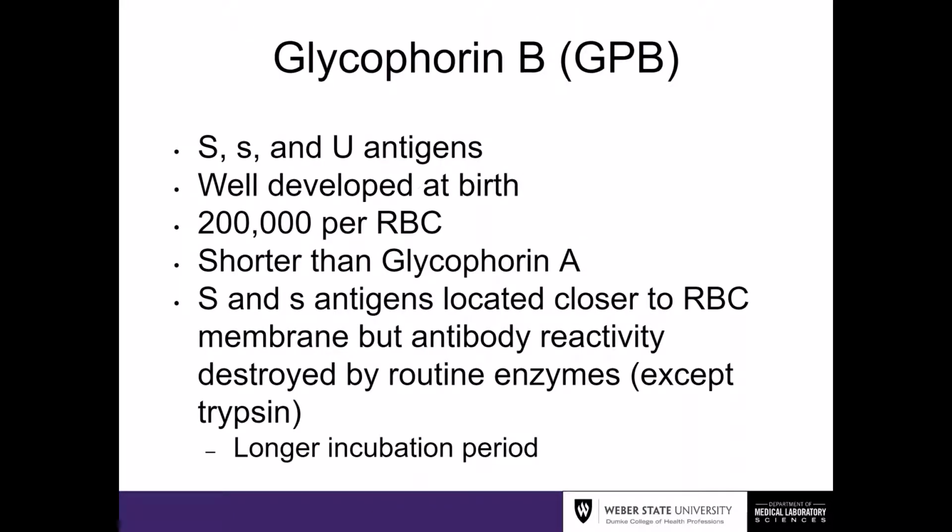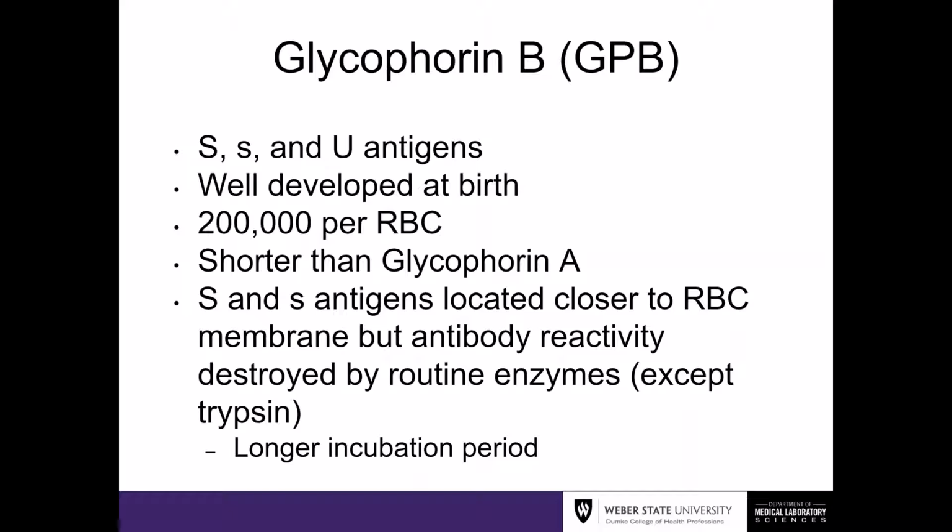Glycophorin B contains the big S, little s, and U antigens, of course, when genetically inherited and phenotypically present. These antigens, just like the M and N antigens on glycophorin A, are well developed at birth. Glycophorin B is short, and the big S, little s, and U antigens are located farther down the glycophorin, close to the cell membrane.